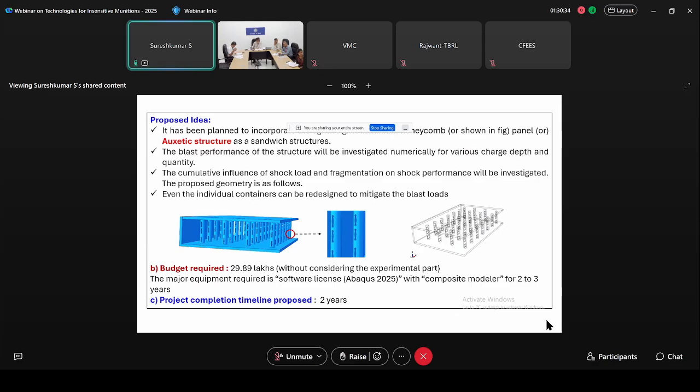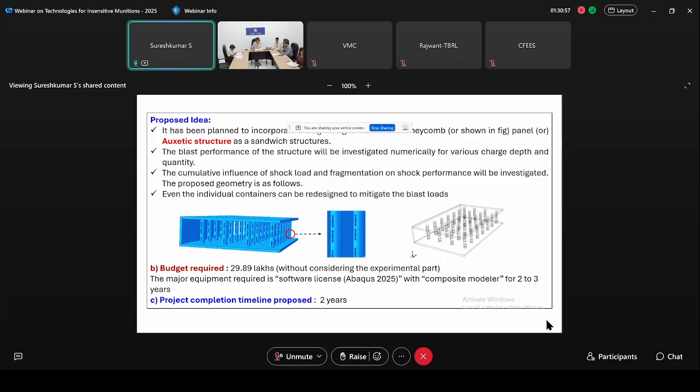The initial investigation will be done by using the Abaqus 2025 numerical code. The shock wave of TNT will be modeled. The explosive will be modeled either by using the Gurney model or the JWL model, or several other material models available for the explosive part.